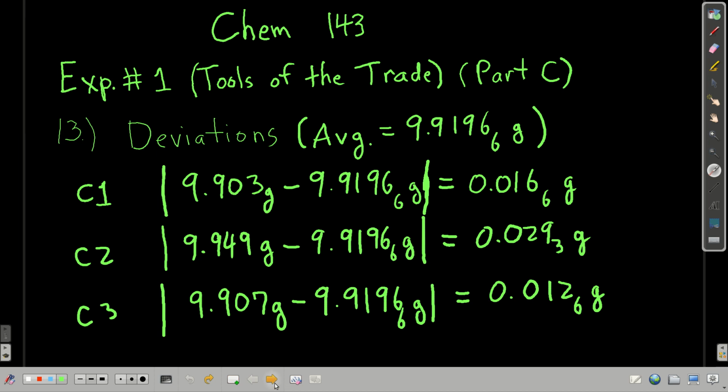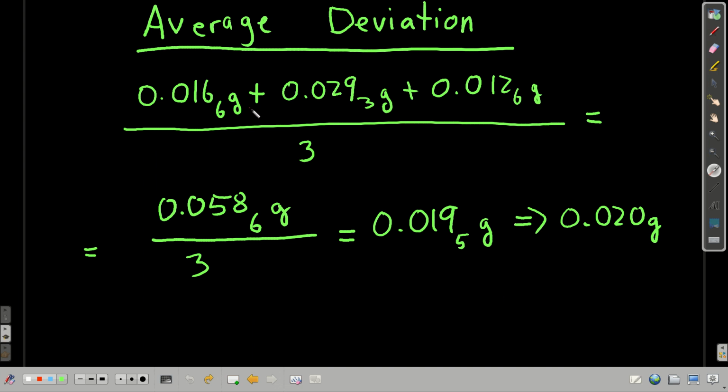Next, to calculate the average deviation, all I do is add those 3 numbers up and divide by 3. Once more, looking at significant figures, we have to show each step, each in the order of operations. The first step is to add the numbers together, and because we're adding, we care about where the last sig fig is.